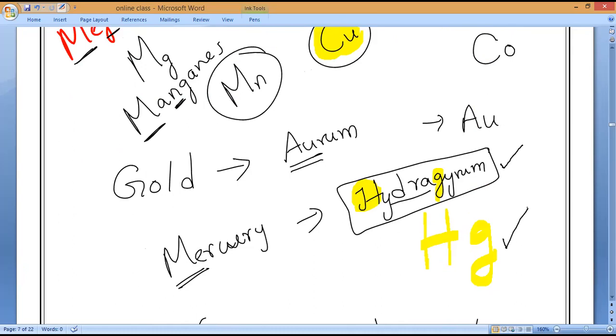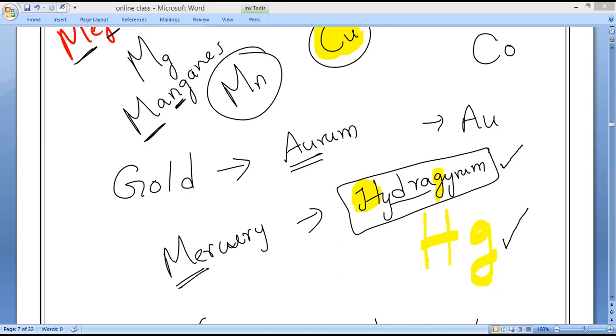Is it okay, everybody? Clear? So all of you should learn all the symbols, at least 20 elements. Everybody should know what the symbols are and what their importance is. With the symbols only, we identify the given element.